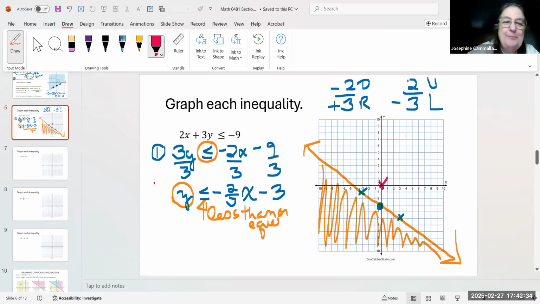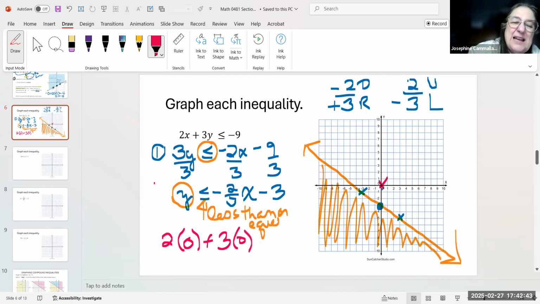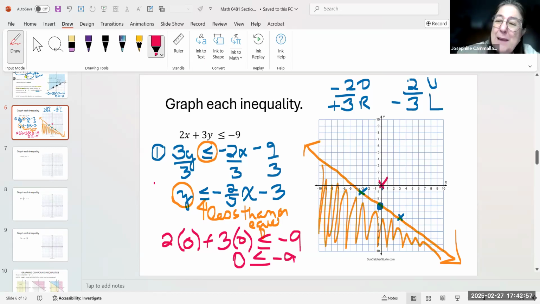Let's check that. 2 times 0, plus 3 times 0 is less than or equal to -9. I don't think 0 is less than or equal to -9. My orange shaded area is correct. This is a false statement, so I shaded correctly.